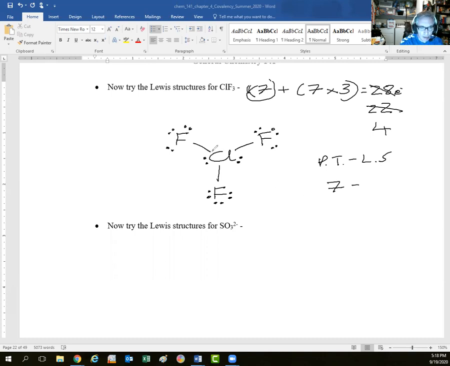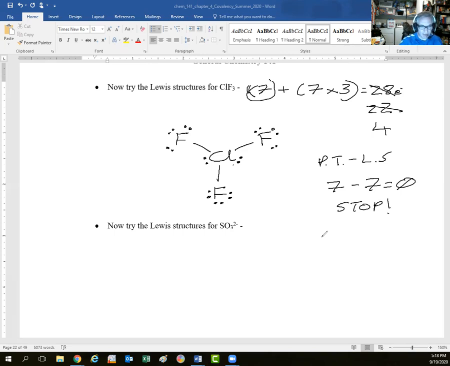And as we look at the chlorine here, it controls 1, 2, 3, 4, and then 1 from each bond, 5, 6, 7 of the electrons around it. So no formal charge. And so we know to stop when there's no charge on the chlorine atom. So nothing else to add, no extra bonds.